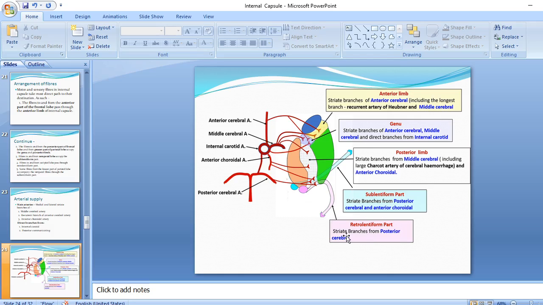The retrolentiform part is supplied by the posterior cerebral artery.